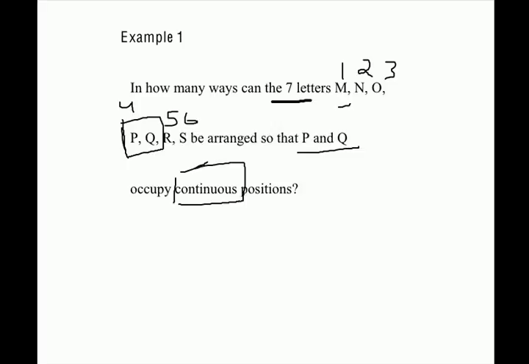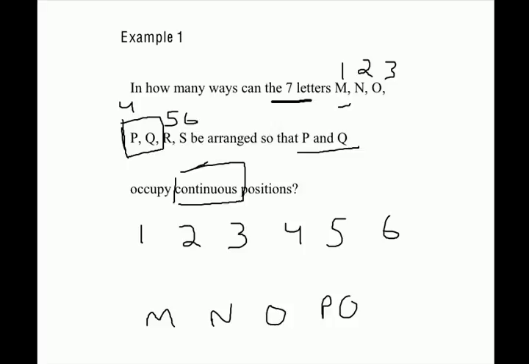So we've got to arrange 6 letters in 6 positions. So let's say this is position 1, 2, 3, 4, 5 and 6, and I've got my letters M, N, O, P, Q, which is one letter, R and S.